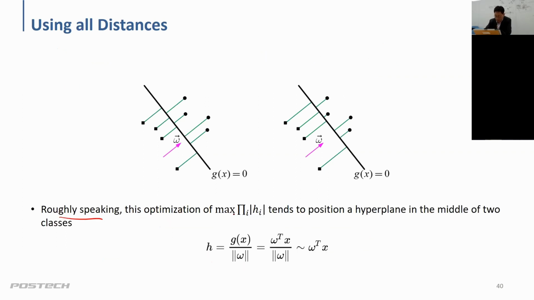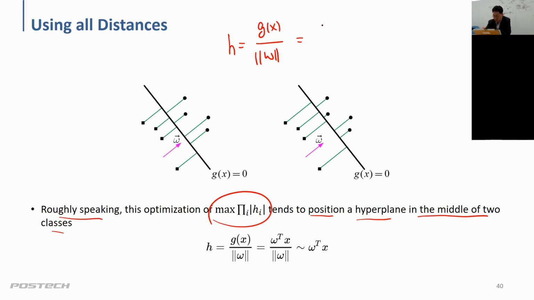So locally speaking, this tends to position the hyperplane in the middle of the two classes. Remember this.